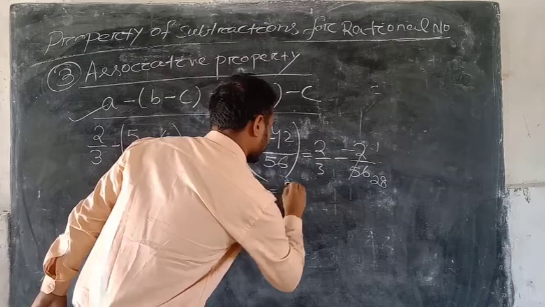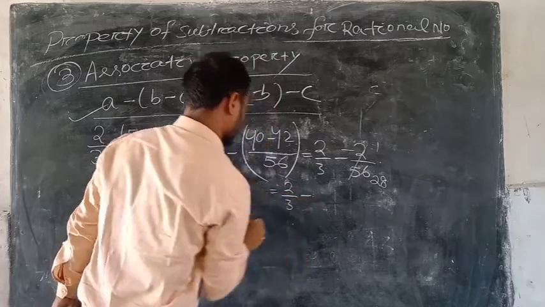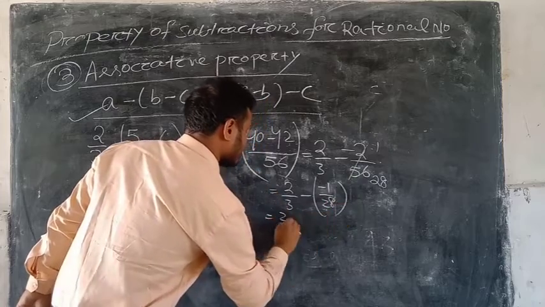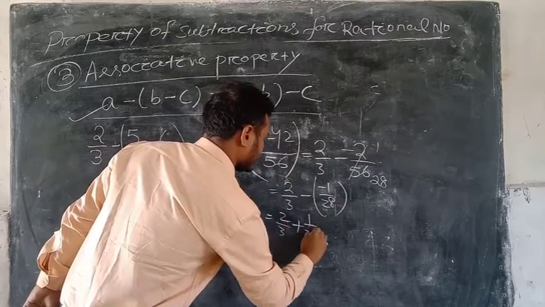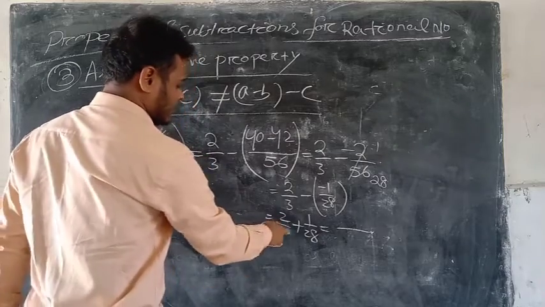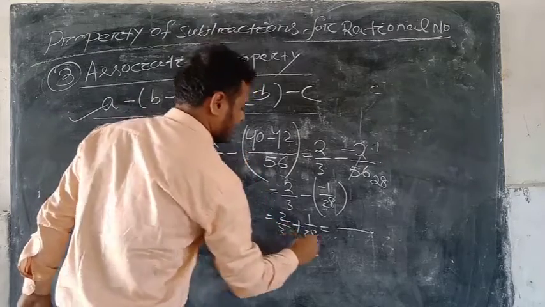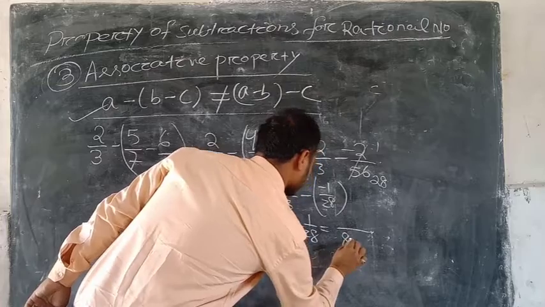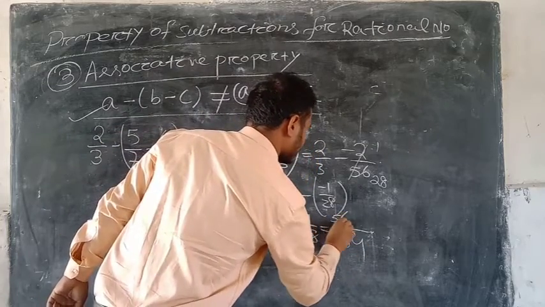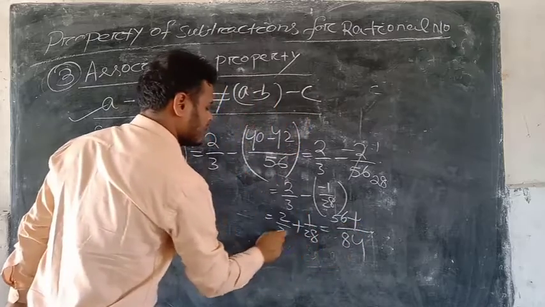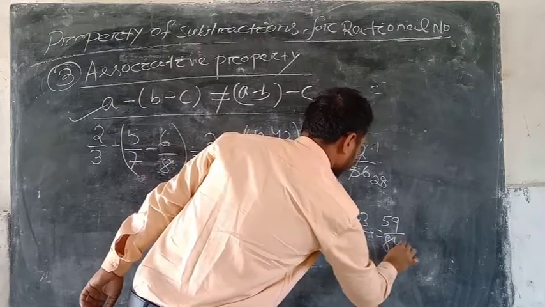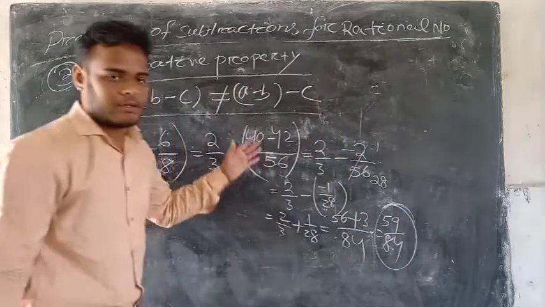So 2/3 minus (minus 1/28) is 2/3 plus 1/28. The LCM is 84: 56 plus 3 gives 59/84. This is the answer for the left-hand side.